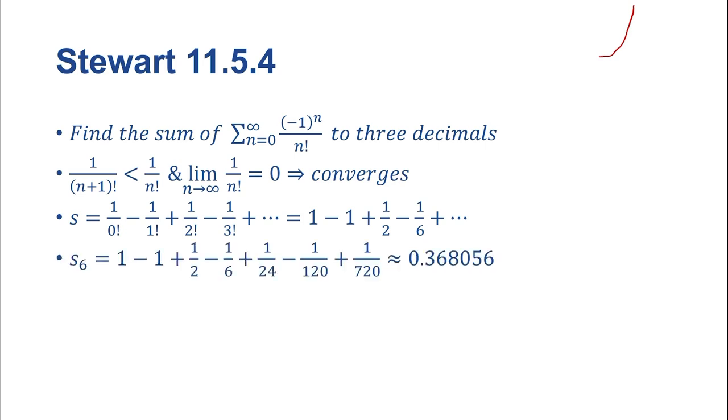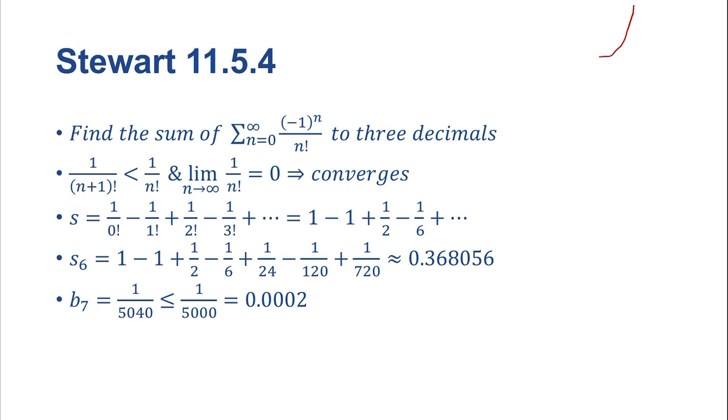Let's take the 6th partial sum. We get 1 minus 1 plus 1/2 minus 1/6 plus 1/24 minus 1/120 plus 1/720. That's about 0.368056.